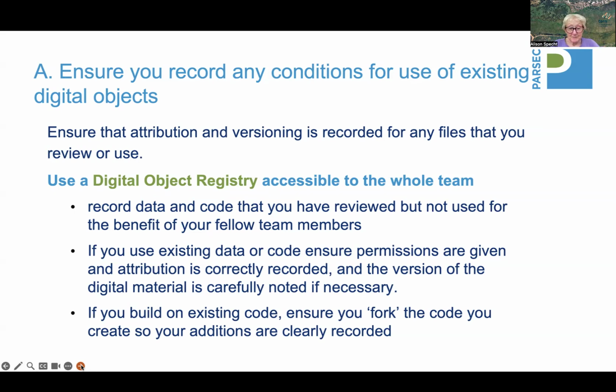A short-term benefit is that if any member of your team, remember this is distributed around the world, happens to look at some data or code and apply the Machikow et al. 2023 desktop comparison for code, and they decide using that comparison that it is not reusable or reproducible, they should put it in this digital object registry to say, look, we looked at this and it wasn't useful. They might actually put in why, which would be good. We'll mention that in a minute.